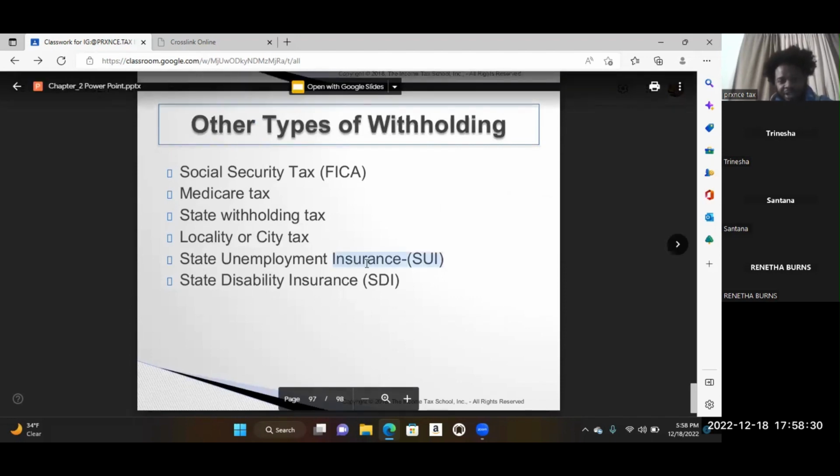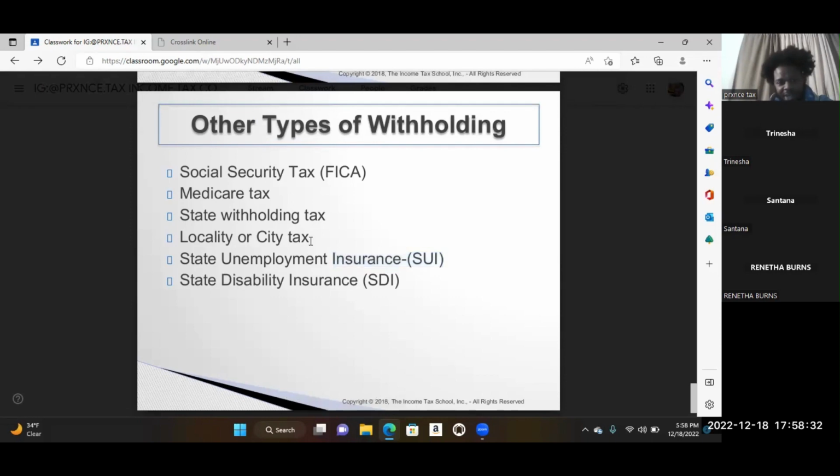Depending on what you've got going on, probably not the disability insurance, but definitely these 4 right here automatically come out no matter what you've got going on. So self-employed individuals, we pay our Medicare and Social Security taxes when we file our taxes. Now we can do estimated tax payments, but if we make more money that year than we did last year, our estimated tax payments are just that, estimated, and we still owe more money.